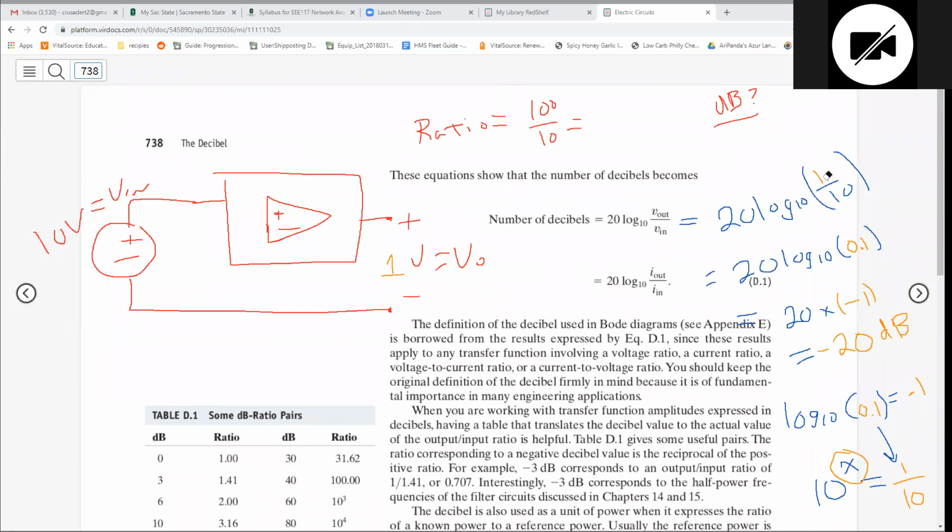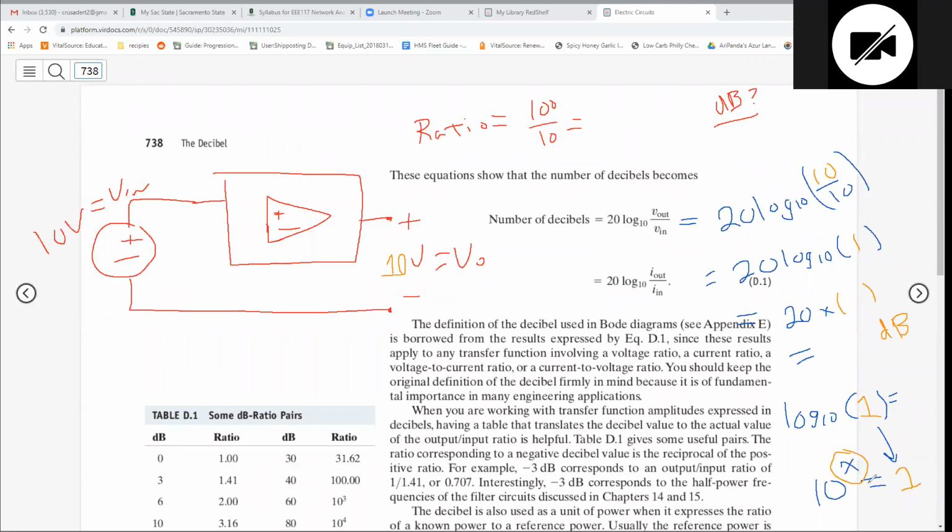It might be worth saying, because I did have people get confused on this before. What if the input and output are the same, meaning we didn't change the circuit? The gain was equal to 1. So you have 10 volts in, 10 volts out, you have a gain of 1, right? This is a 1.